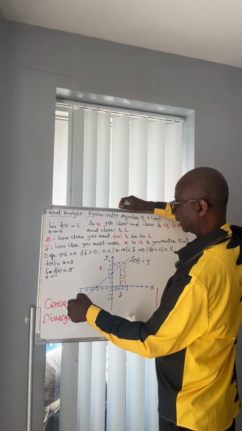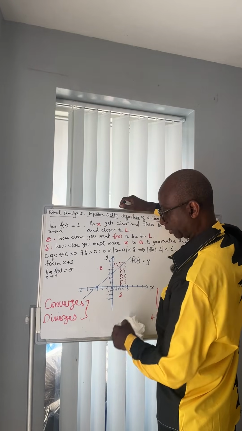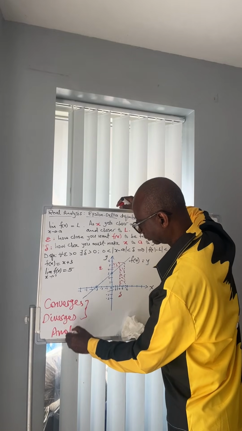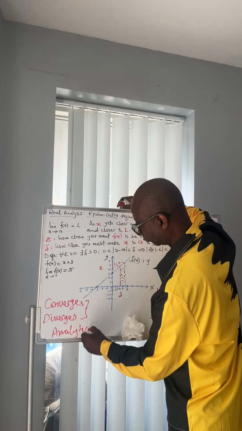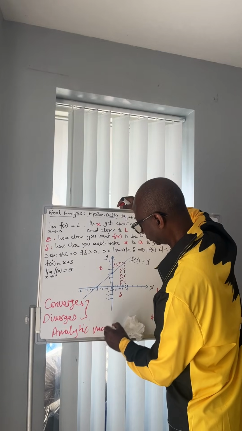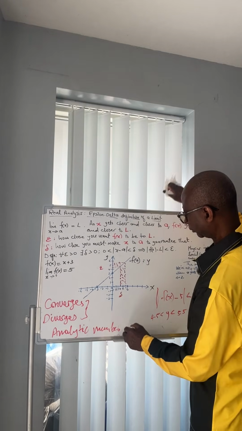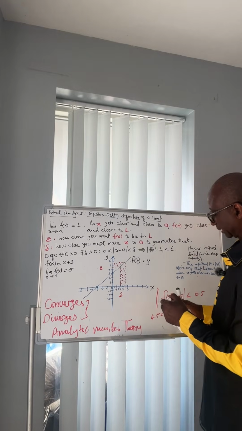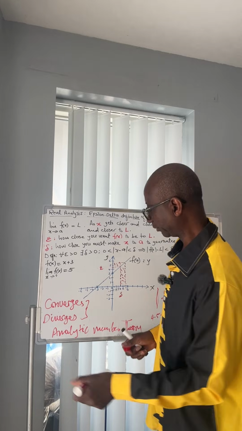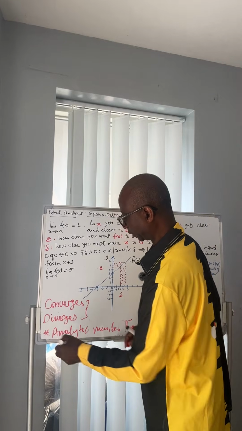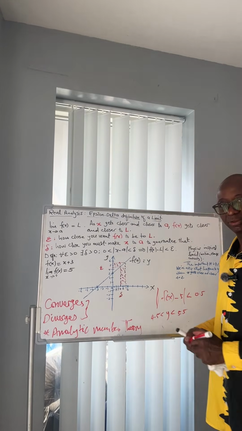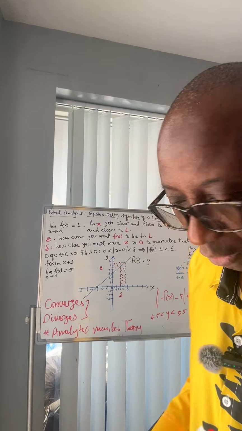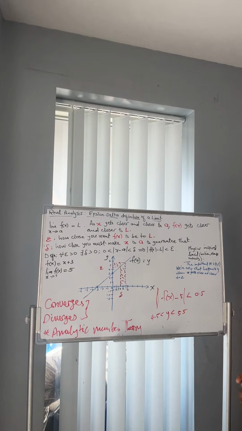We need this not only for calculus, but also when we move on to analytic number theory. We shall be using these ideas because in analytic number theory, we study the distribution of prime numbers. As you know, prime numbers are the building blocks of all numbers.